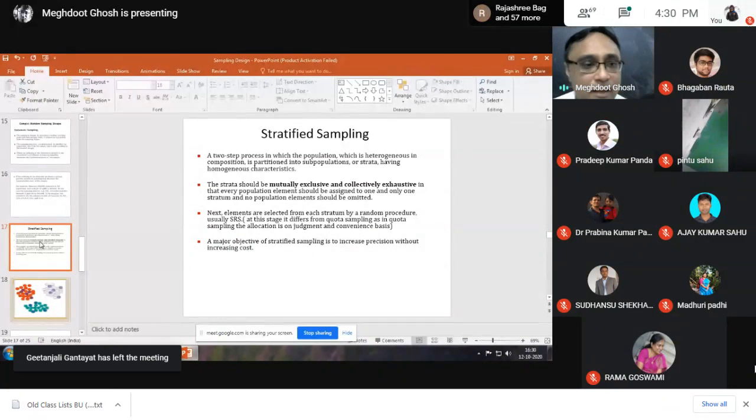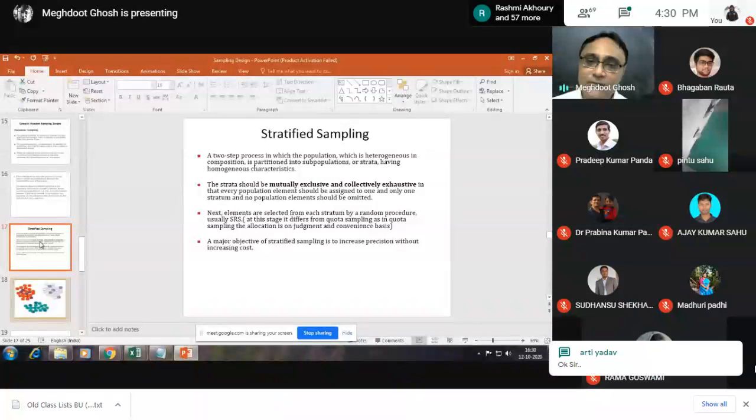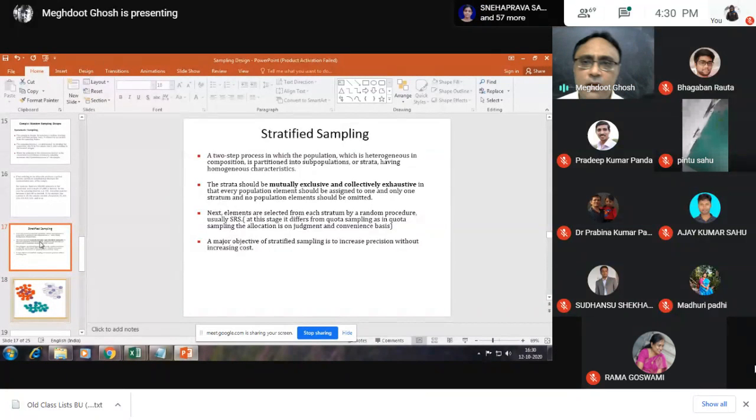Don't go beyond that, as again it will create difficulty. In stratified random sampling, once you have created the strata, from the individual strata the sample units have to be selected randomly. That is why it is under the group of probability sampling. Okay, I hope it is clear.